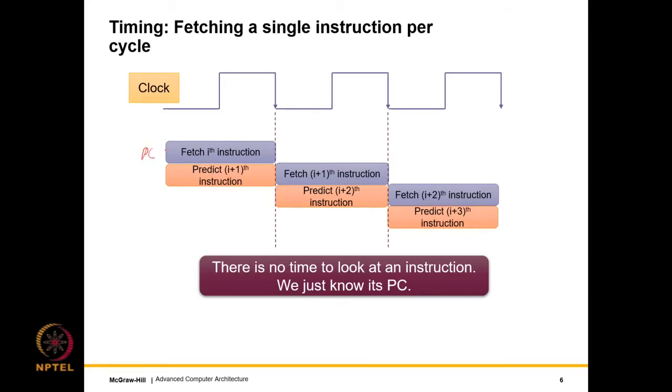Well, we only have its program counter, and on the basis of that, we give the program counter to the instruction cache. The instruction cache sees the program counter and fetches the ith instruction. Mind you, we have not seen it. We know its address, we are fetching its contents, but we have not seen it and we have clearly not decoded it.